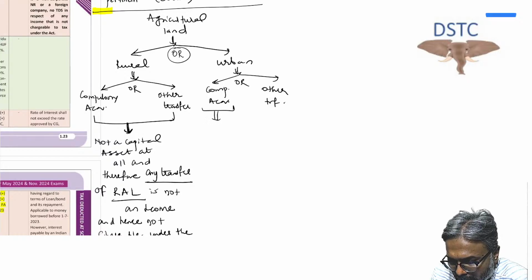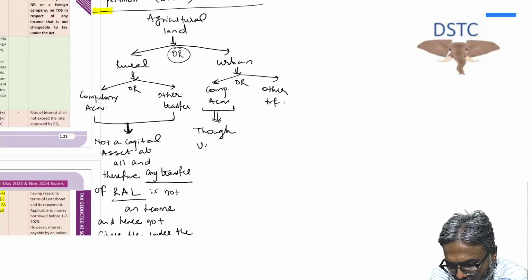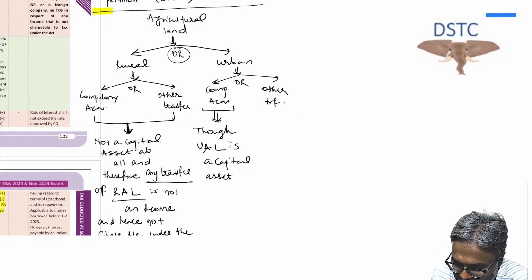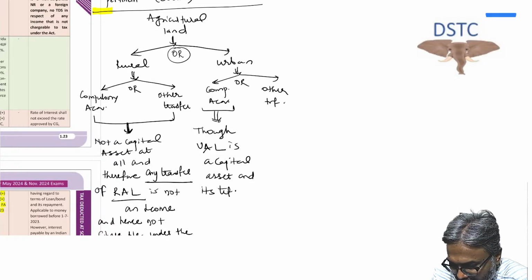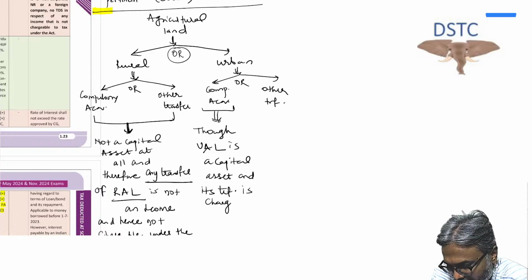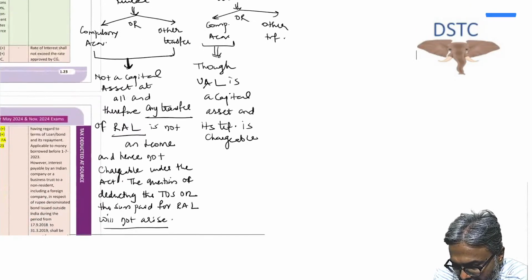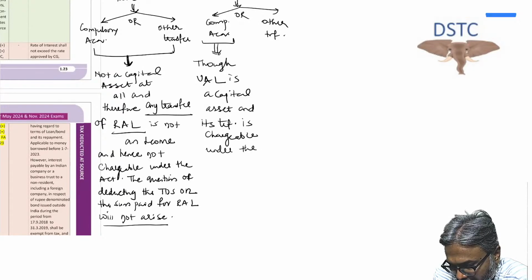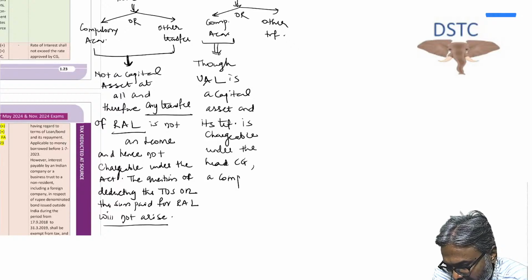For urban agriculture land, though UAL is a capital asset, and its transfer is chargeable under the head capital gains, a compulsory acquisition of UAL.